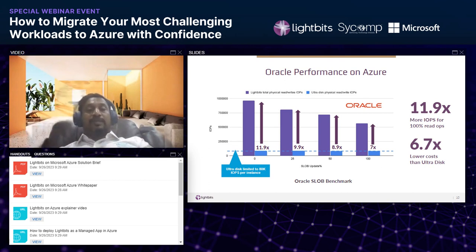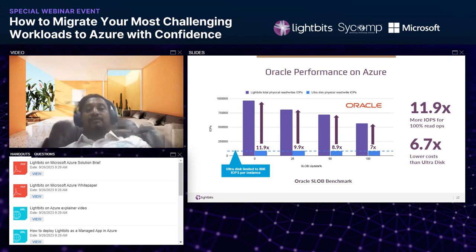Now it becomes a well architected solution for our customer, having cost under control and meeting the performance. This is the message I really wanted to land. Apart from the numbers, the 12 times the IOPS and around 7 times lower cost is a great, well architected offering we want to offer to the customer. That's where we both are collaborating. This is the right value we bring to our customer.